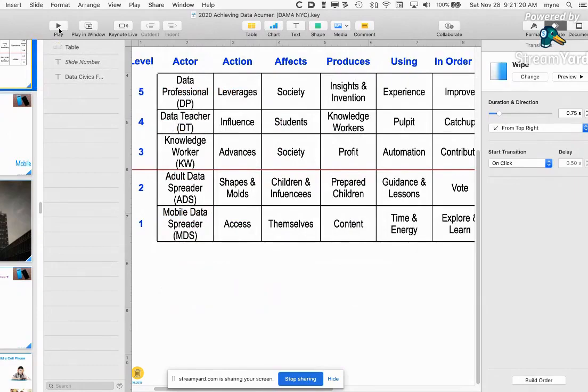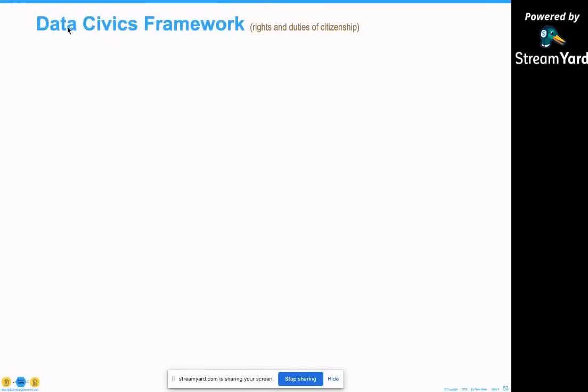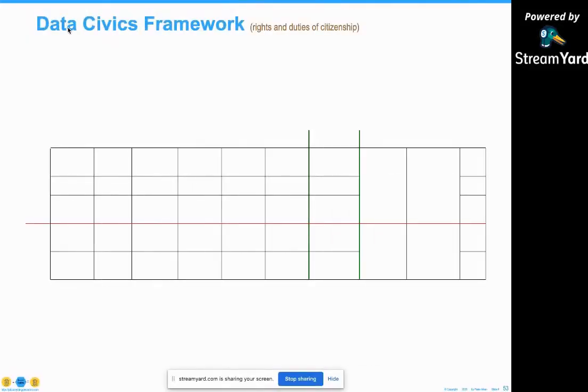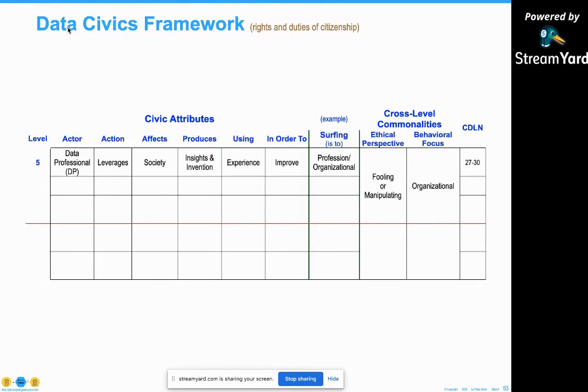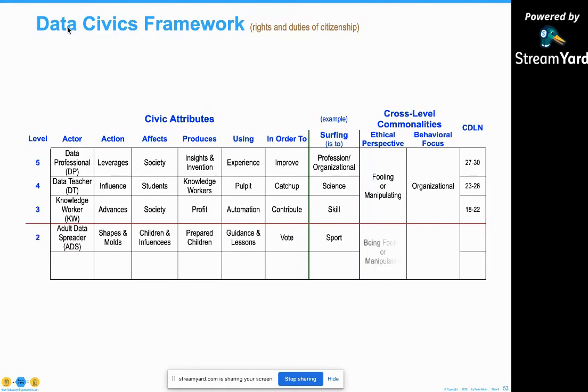But if we don't show that those data things cause actual things to happen in the world, in other words, something happens with data, therefore something happens in the world, and if we don't connect the two of those, we'll have lots and lots of continued disconnect where people just do not understand exactly what their role is with respect to data.